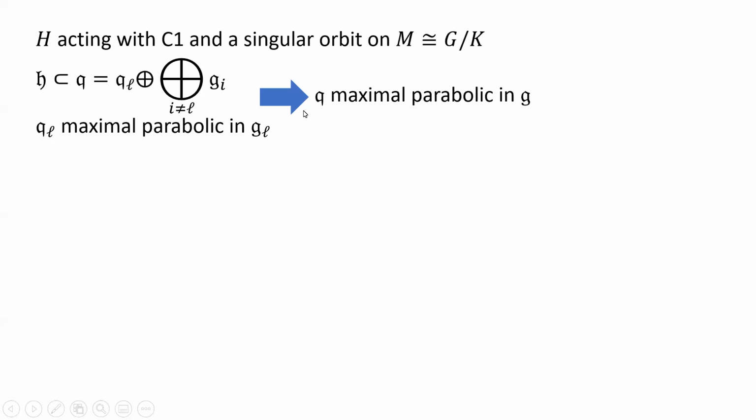This implies directly that Q itself is maximal parabolic in G, and therefore, by the description of the parabolic subalgebras, this Q is of this type up to conjugacy. It is Q phi with phi maximal proper in pi. This means that it is pi minus some simple root alpha.